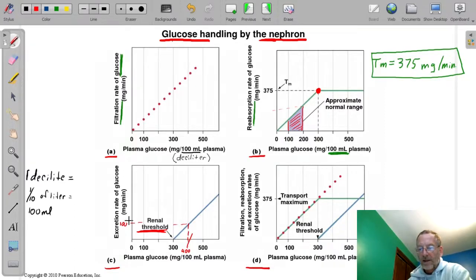And the fourth panel just puts all three of those together into one. So the red dots, again, are showing filtration, how much is being filtered out. And the green is showing reabsorption.